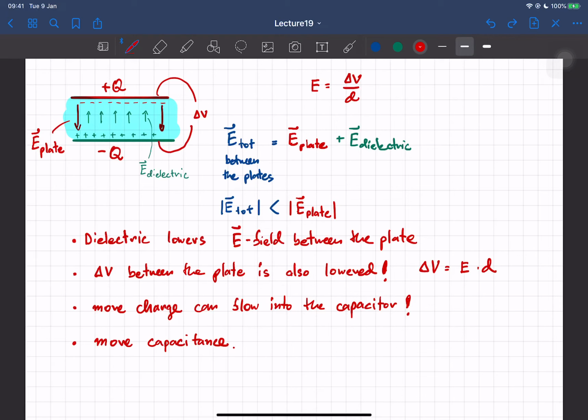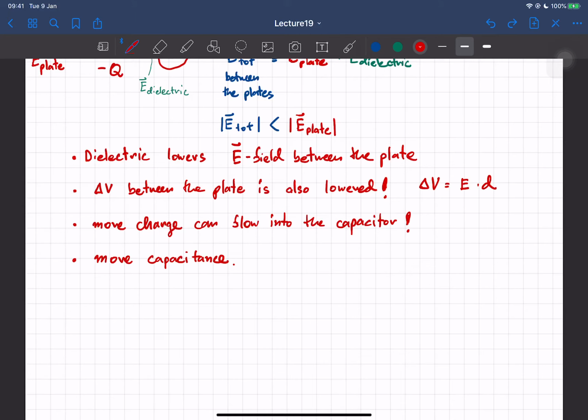So it's less than the battery now because you insert the dielectric. So charge can flow more into the plate. In other words, you allow more charge to flow into the capacitor without changing the battery. So what you do is you just insert the dielectric. That means by inserting the dielectric, you are actually making the capacitor have more capacitance.